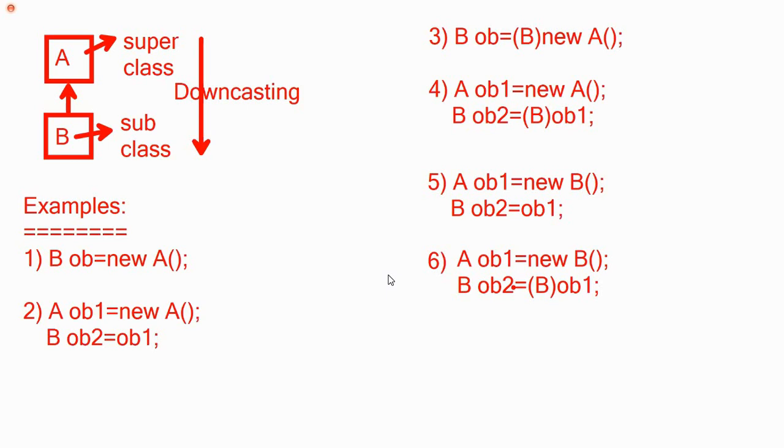Now, according to the three points, you observe. In the first line, which class object is created? B class. Memory is allocated to A class and B class. Assigned to which class? It is upcasting or downcasting? Upcasting. Upcasting is done by the system implicitly. Upcasting is always valid, so this line is valid. Valid upcasting.